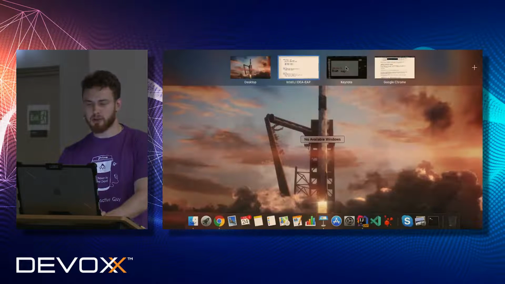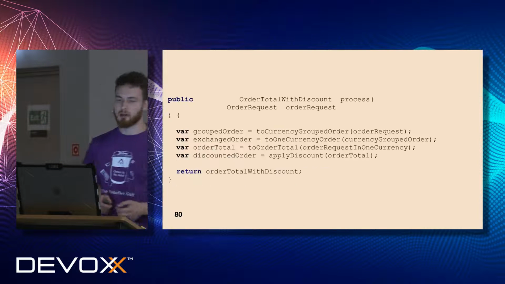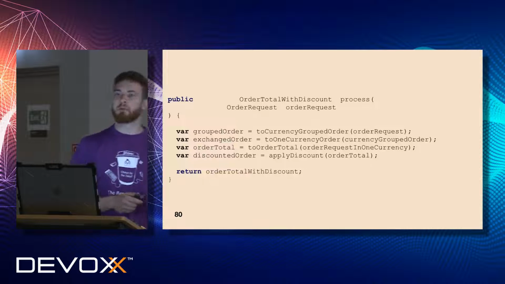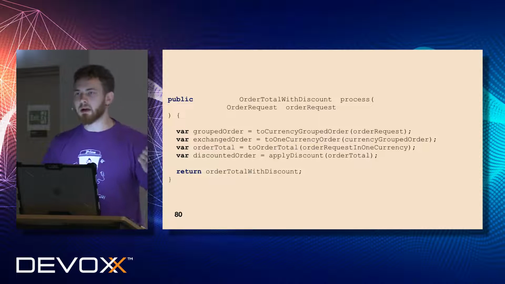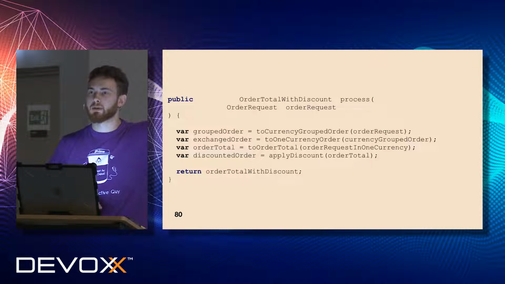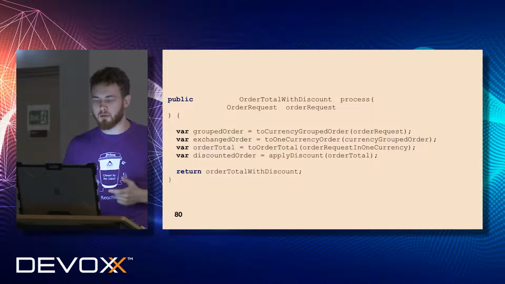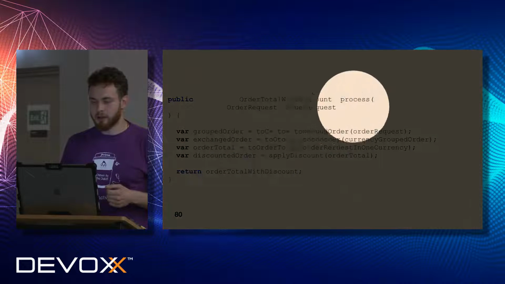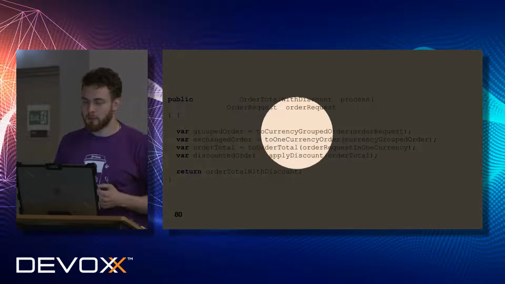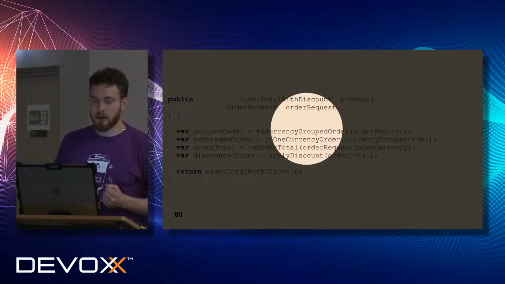But now let's go to the slides and try to think about real business logic. Just imagine that we want to implement or transform this code that I have shown in our application. This is a part of our processing flow where we map A to B. So we've got an object, like an order request, we apply some action and transform it, order request to some currency grouped order.